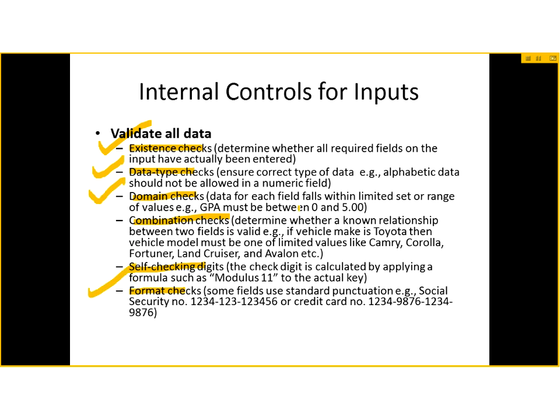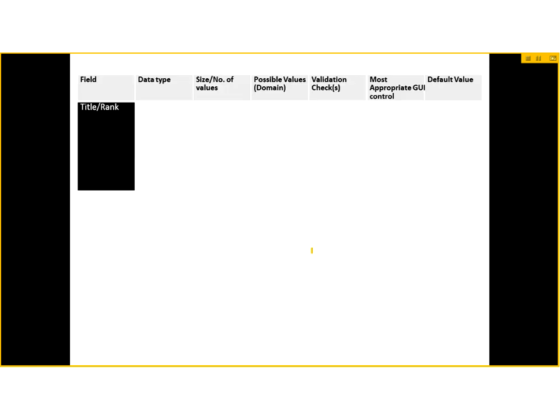These are some of the checks we have discussed in the previous slide, and just for your revision, for every field we need to identify which check should be applied. So: existence check, data type check, domain check, combination check, checking digit, and format check.